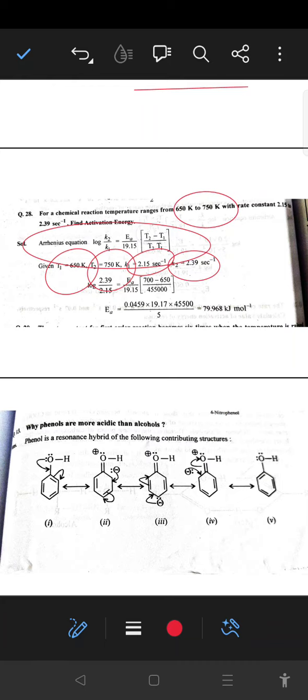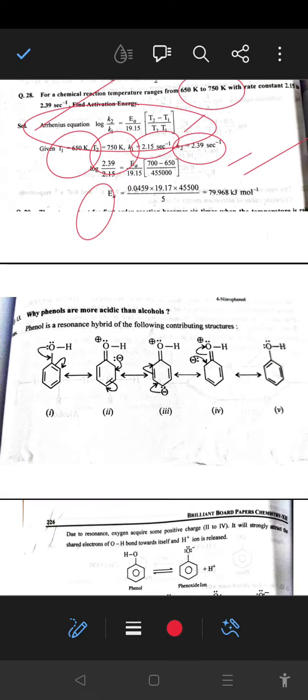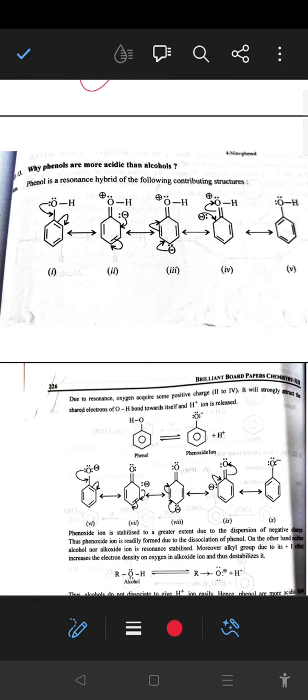So by using the Arrhenius equation, that is log K2 over K1 equal to Ea over 19.15 times T2 minus T1 over T1 into T2, we will solve for the activation energy, and the value will come approximately 79.968 kilojoule per mole.